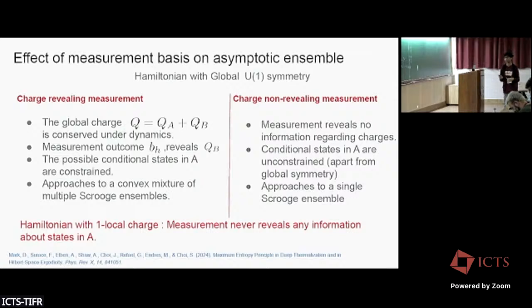On the other hand, if your conserved charge is still sigma z, and you measure in the sigma x basis, then the measurement doesn't reveal anything about the charge of the B subpartition. That is a charge non-revealing measurement. Not much is known between these two limits. So how does it go from charge revealing to charge non-revealing, and how does the nature of the projected ensemble change?